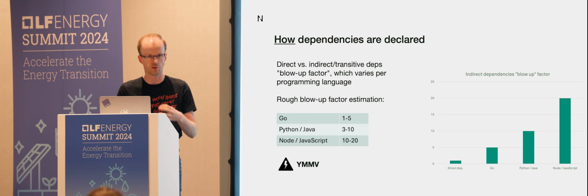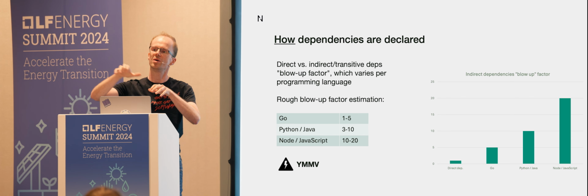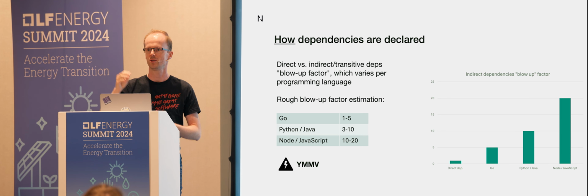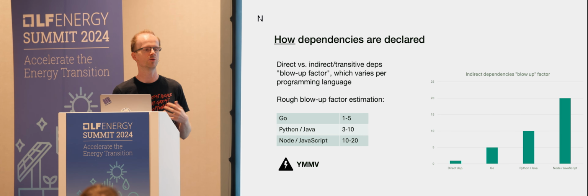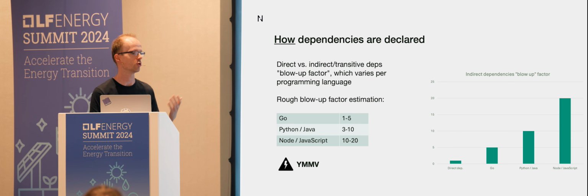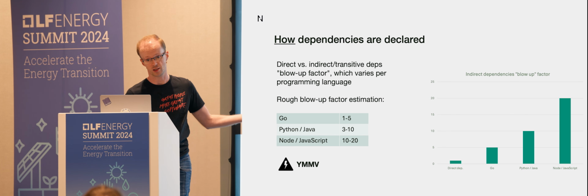Someone did this on purpose. But each of these libraries may have, again, other dependencies. So it kind of blows up. You get a tree of dependencies. And the blow-up factor, of course, depends on the programming language most of all, on the concrete project, on many kinds of things. And your mileage may vary.